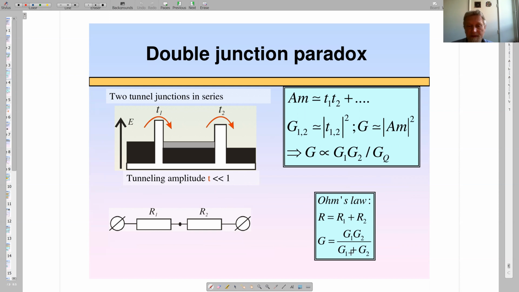There has been interference. We know the answer. Let me present this as a paradox. Suppose I don't want to go into formulas. I want to restrict myself to simple estimations.